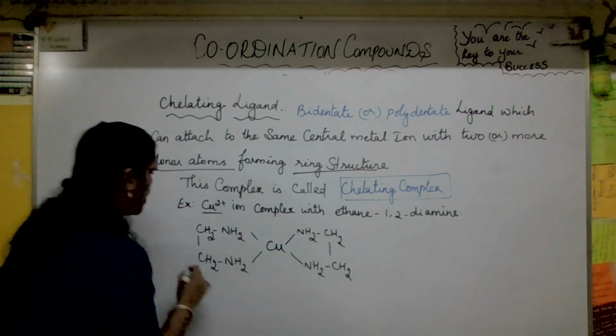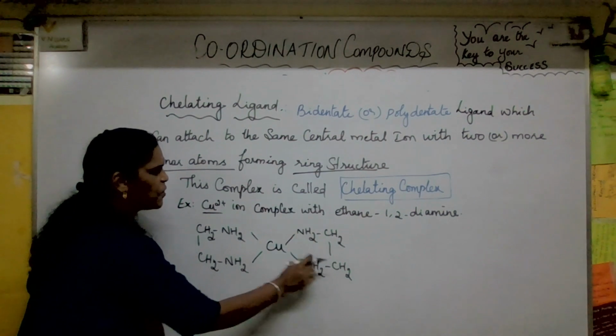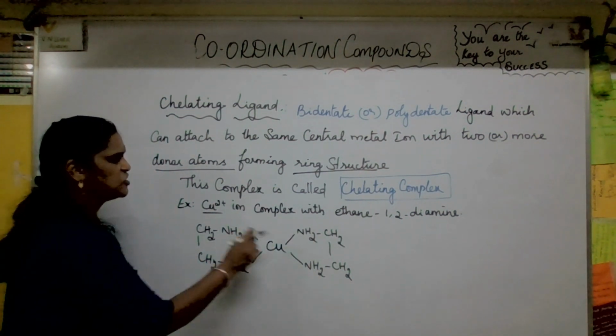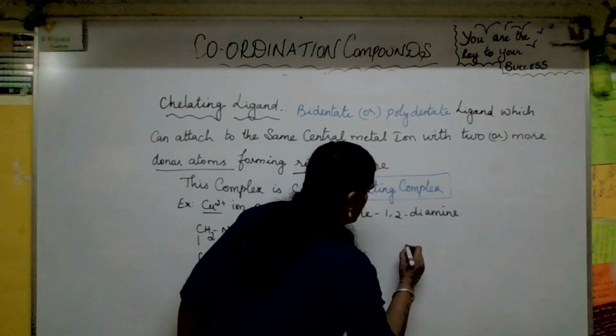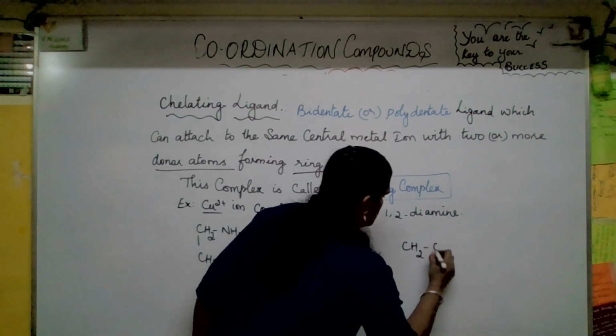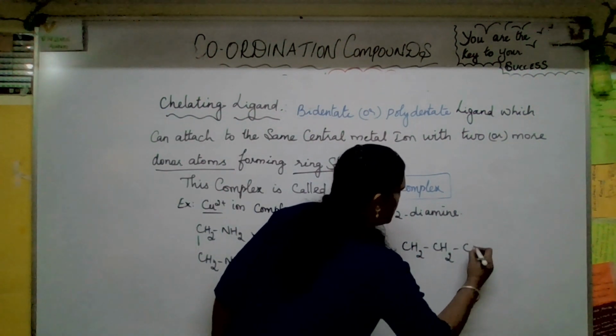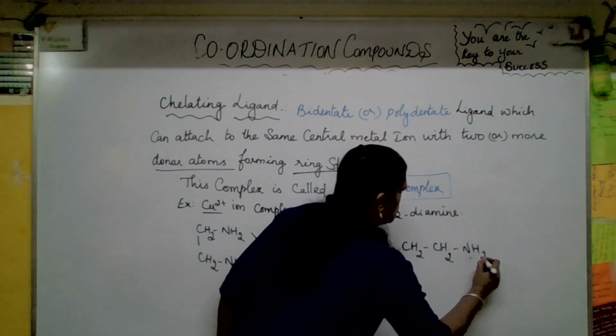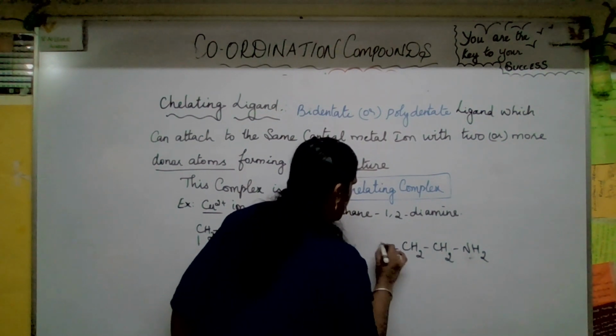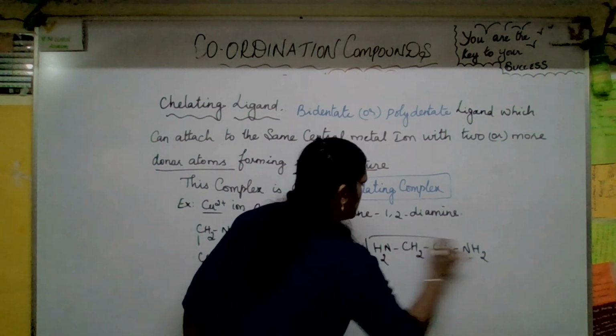Okay, both. Now, I hope you got a clear idea about the ring formation structure. So this is CH2, NH2, CH2, NH2, ethylene diamine. CH2, CH2, here NH2, NH2. So this is ethylene diamine.